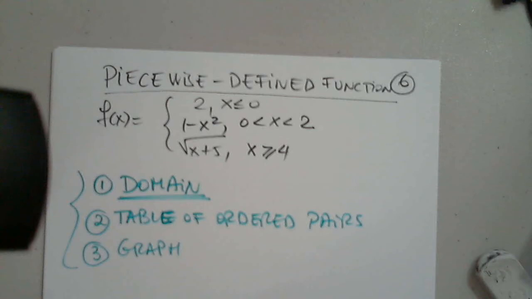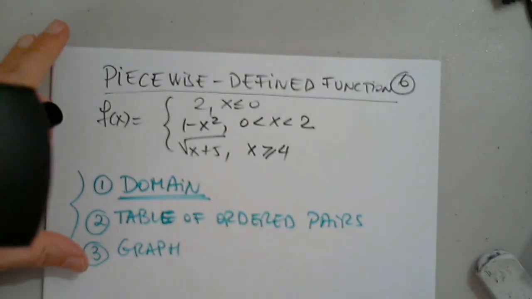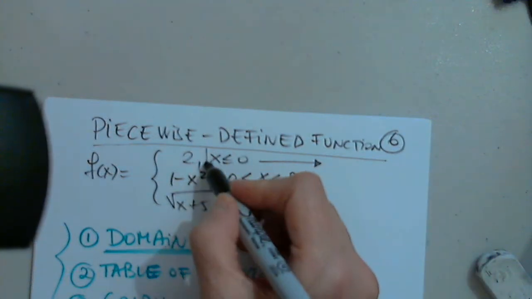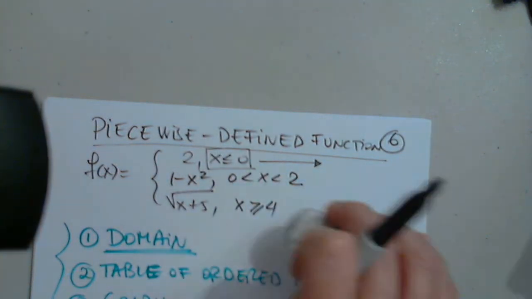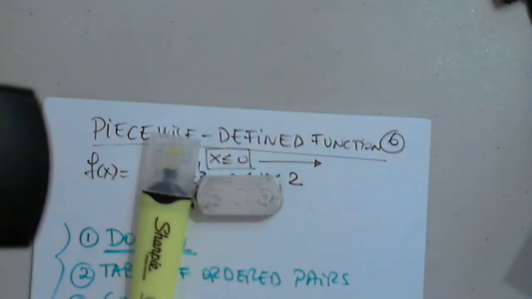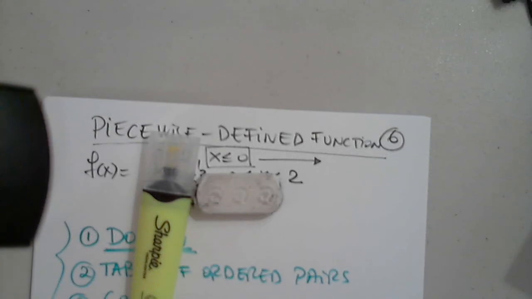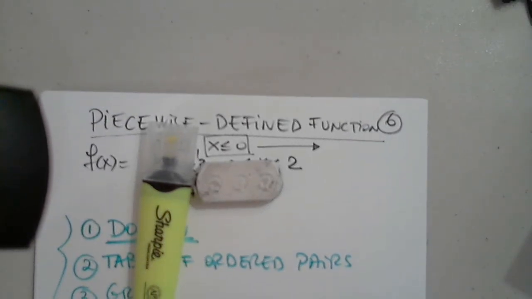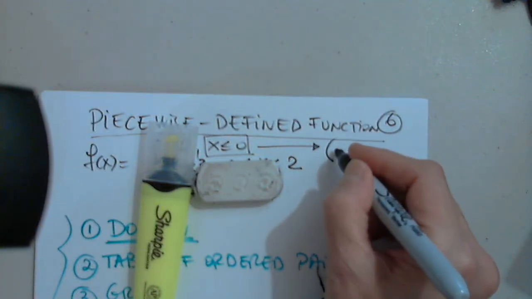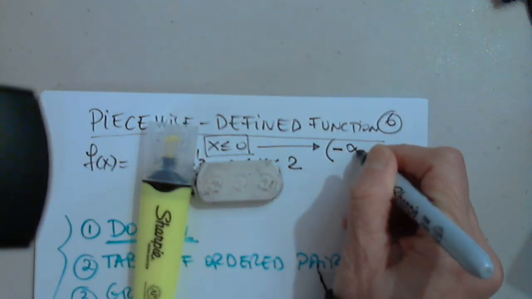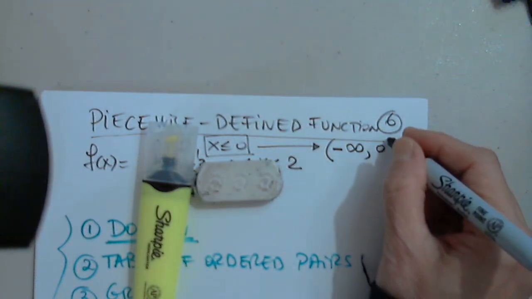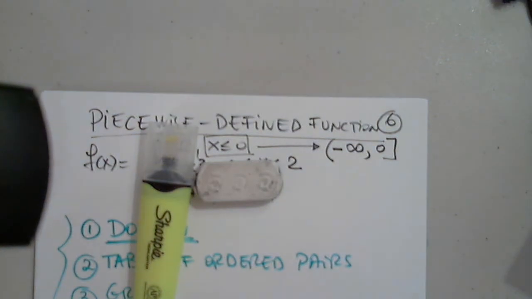Okay, so let's talk a little bit now about the interval notation. I would like to present this. There is nothing else. How do I present this in interval notation? So that would be parentheses, negative infinity, comma, and 0, and bracket. Great job.